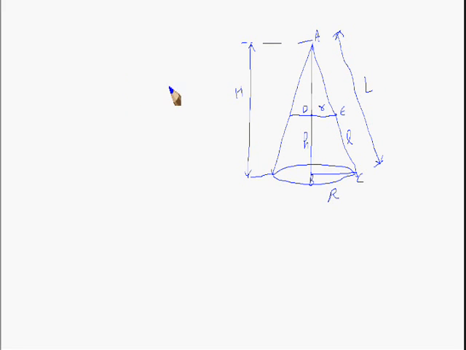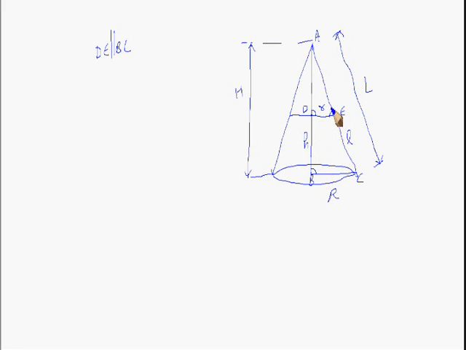Now as we see that the plane is parallel to the base, we can say that DE is parallel to BC. Therefore the angle D is equal to angle B, because these two lines are parallel, these two are the corresponding angles.